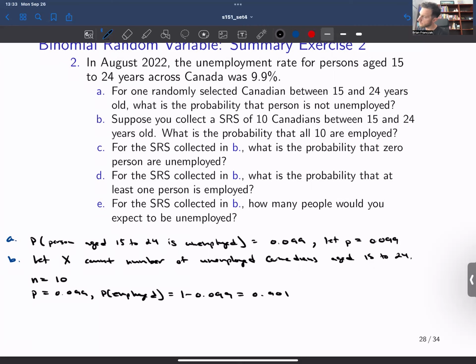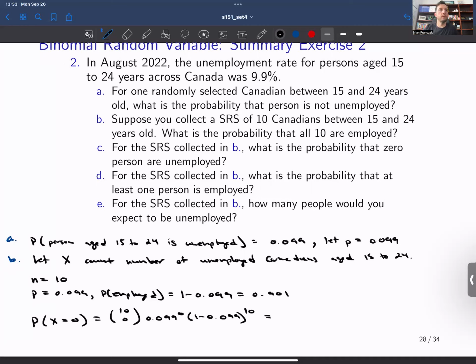So if we want to compute the probability that all 10 people in this sample are employed, we can do this two ways. If we let X count the number of unemployed Canadians, this would be the probability X equals 0, which is 10 choose 0, times 0.099 to the 0, times 1 minus 0.099 to the 10.